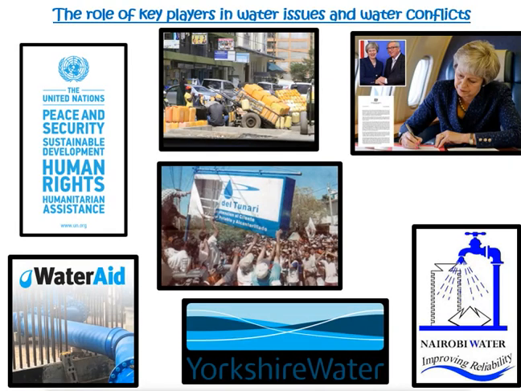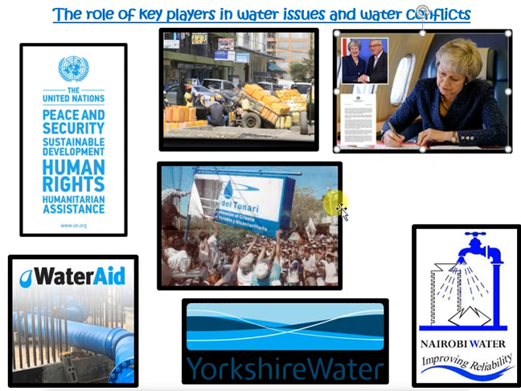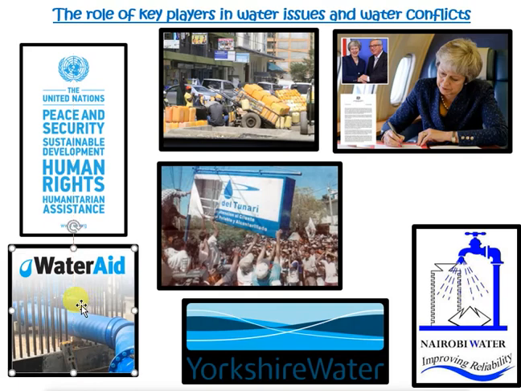Right then, key players. I've scattered just a few random ones around here. Some of these we're going to watch some videos on in lessons, so it's kind of an introduction. But just to give you an idea about the variety of these key players, and depending on the topic and the issue, your key players are going to change. So NGOs such as WaterAid, what do they do?